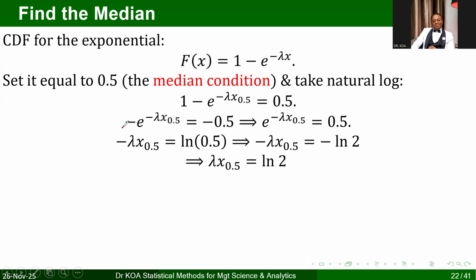If you raise this to the power -1, you are going to get 2 here. You get 2.